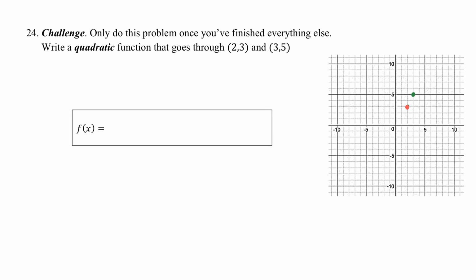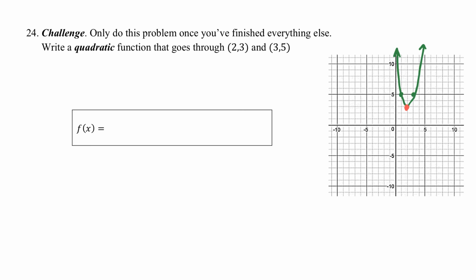So it's the lowest point of the parabola. That means that the parabola is nice and symmetric, which means that if there's a point here at 3, 5, there's also a point here at 1, 5. And I'm just going to assume that the parabola opens up like this. Okay? So immediately that tells me that the vertex is right here at 2, 3.